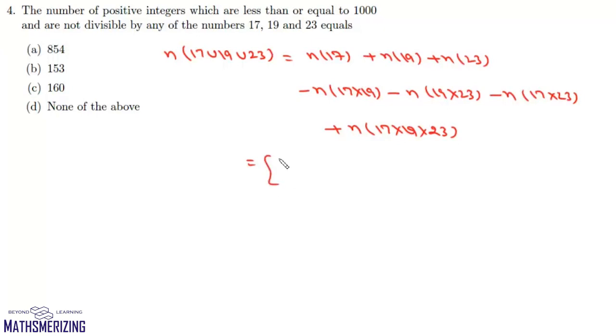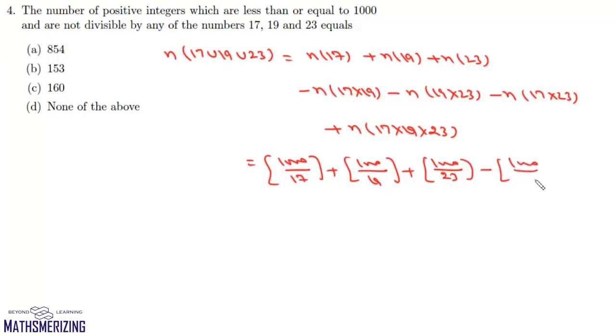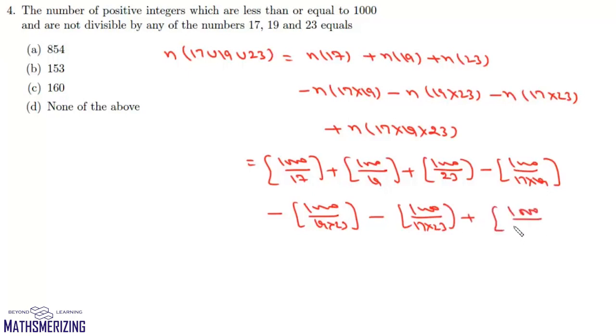Now this first one is the greatest integer function of 1000 by 17 plus the greatest integer function of 1000 by 19 plus the greatest integer function of 1000 by 23, minus the greatest integer function of 1000 by 17 into 19, minus 1000 by 19 into 23, minus 1000 by 17 into 23, and then plus the greatest integer function of 1000 by 17 into 19 into 23.